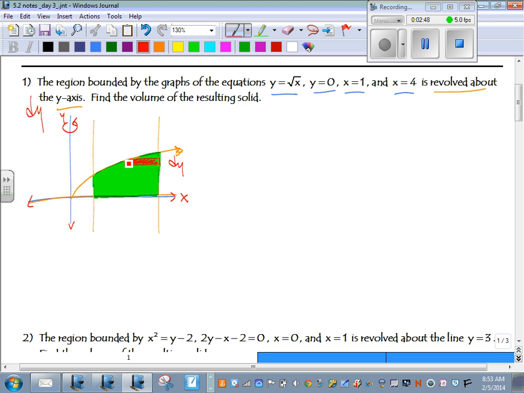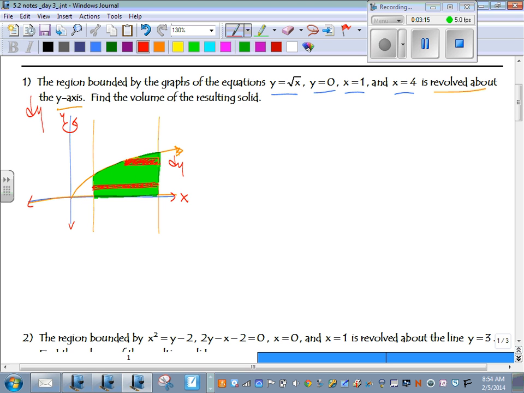Left side is right here on the sideways parabola, or the square root function. But if you go lower, like down here, the right side is still that line x equals 4, but the left side is x equals 1. It's not one function that's always to the left, or one function that's always to the right of the other one. So we have to break this into two parts.